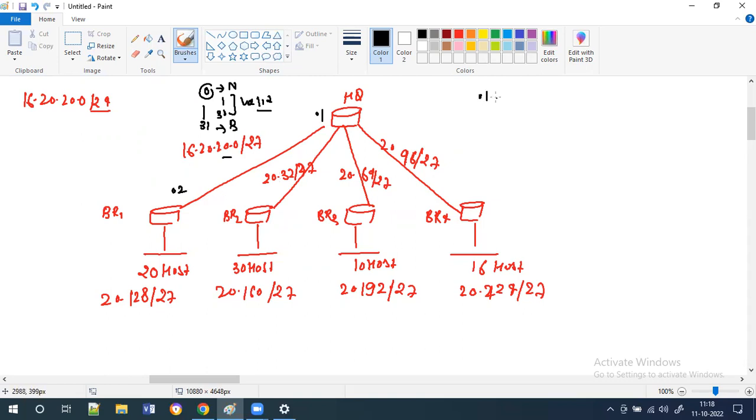So .1 plus .2 plus network address plus broadcast address, total 4. Correct? In networking, any subnet which is used at a place cannot be used at the other place.